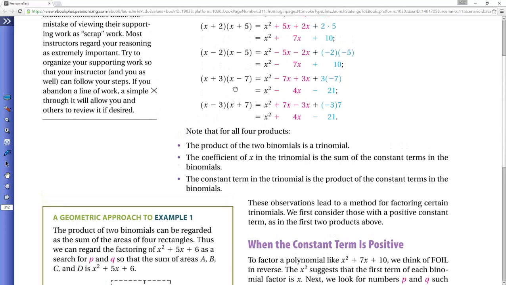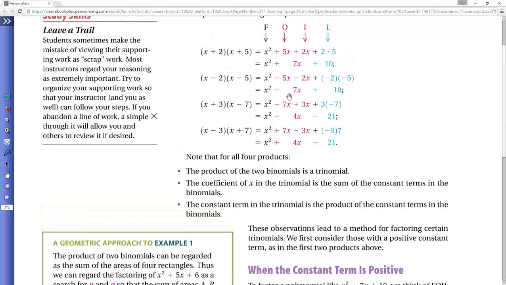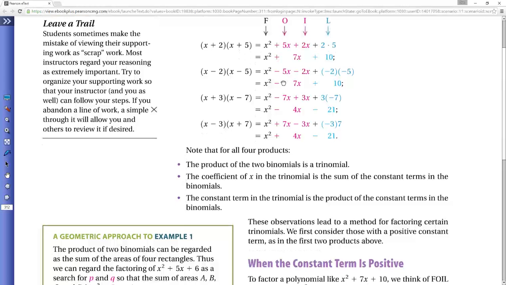I'd say difference is a bad word for that. If you think about these terms as addition, this is +3 and -7. Well, when I add those together, I get a -4. Same thing here. If I had a -2 plus a -5, I get a -7.